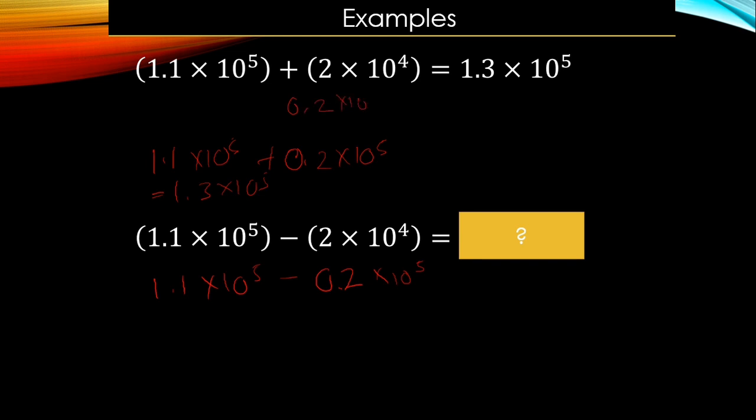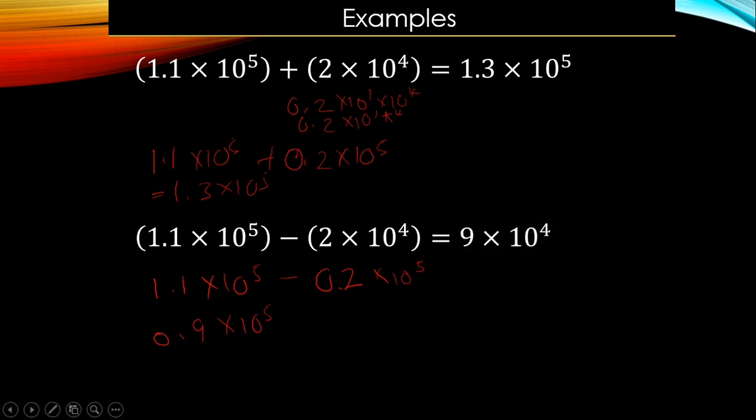We've already converted this in this step. We said this one can be rewritten as 0.2 times 10 to the power 1 times 10 to the power 4, which would mean that we only add these powers, which is 0.2 times 10 to the power 1 plus 4, giving us 0.2 times 10 to the power 5. So here it is easier. 1.1 minus 0.2, this gives us 0.9 times 10 to the power 5.